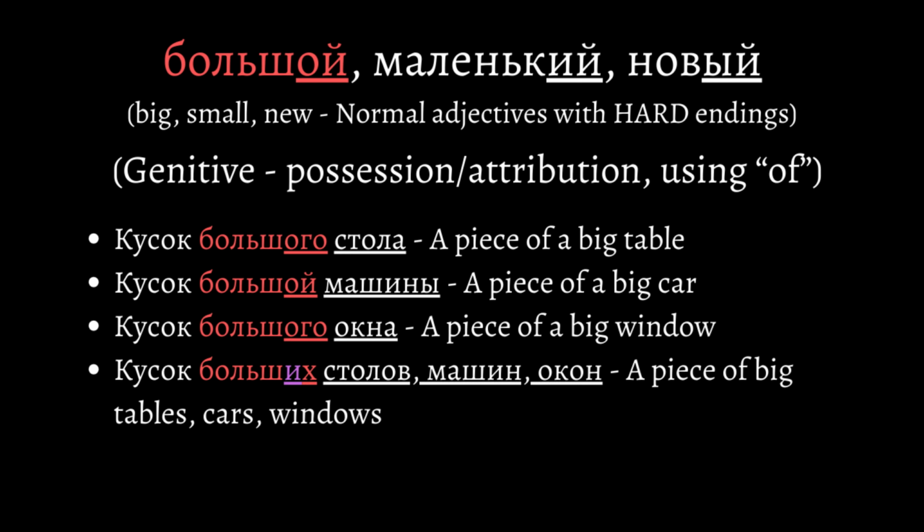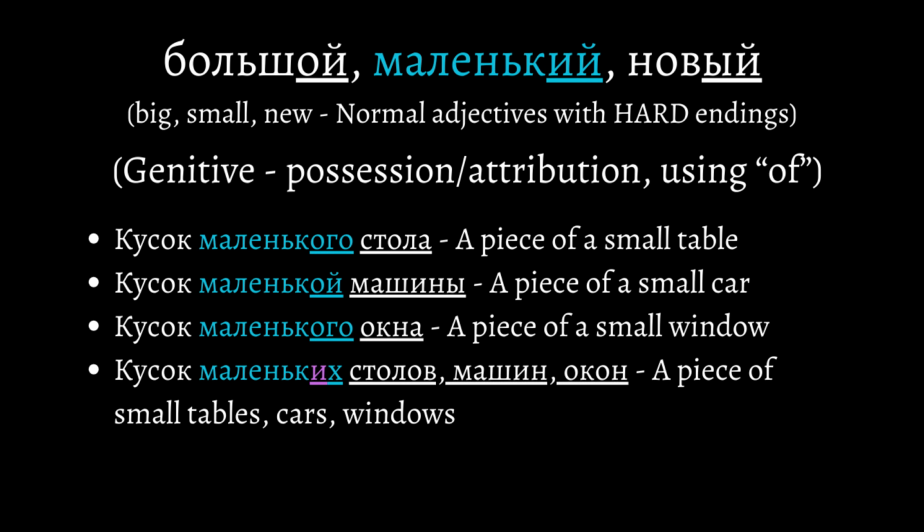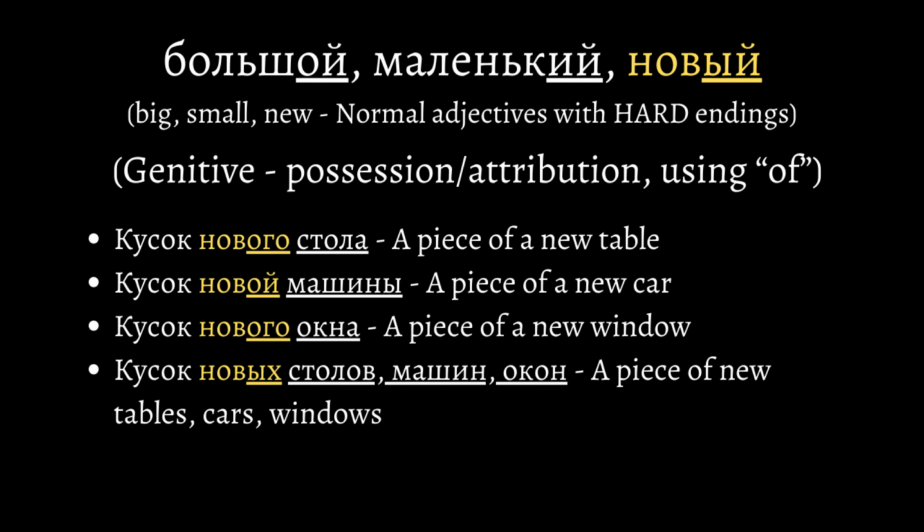Additionally, some of the endings of the adjectives use и instead of ы because it's a spelling rule. Now, try to replicate these phrases but with the adjective маленький. This is what it's going to look like, and you can try to say these phrases on your own. Now, try to replicate these phrases but with новый. This is what it's going to look like.